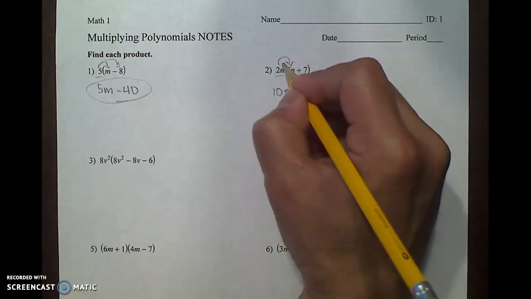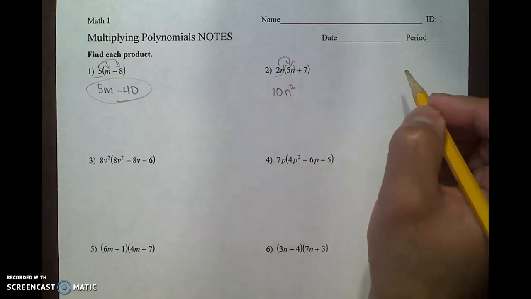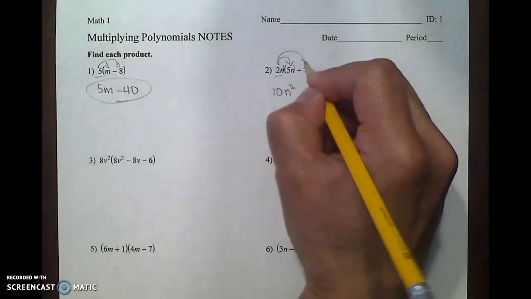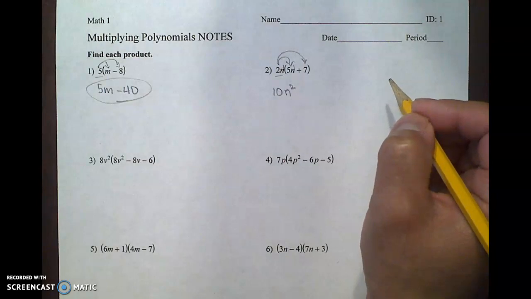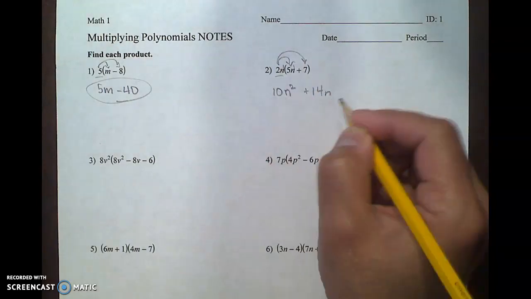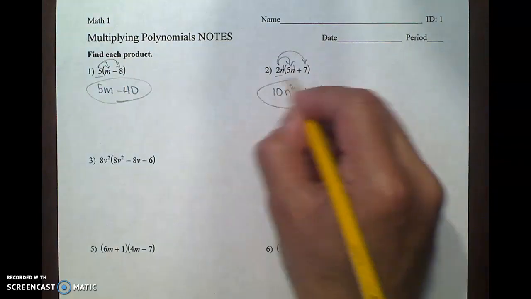Because it's n to the first times n to the first. The rule is when you multiply same base, you add the exponents. So that becomes 10n squared. And then we do 2n times 7, which is 14n. Because these are not like terms, they do not have the same variable and exponent, that's our final answer.